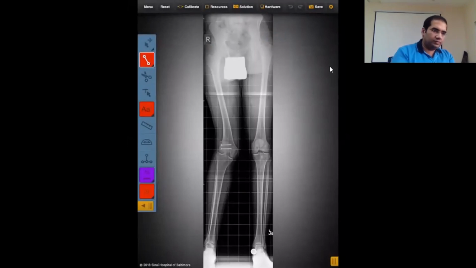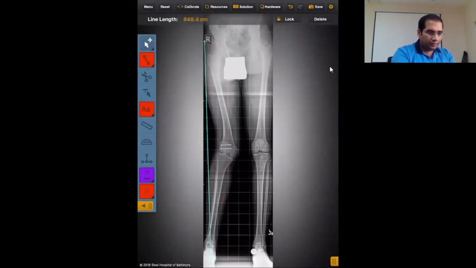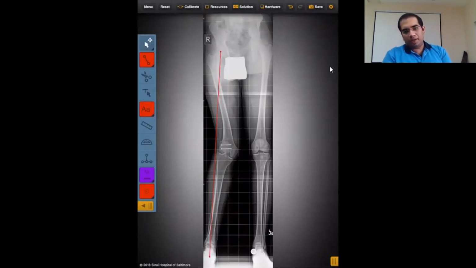What we are going to do is, first, we're going to draw the mechanical axis from the center of the head to the center of the ankle joint. Now you can see there is a valgus deformity in the femur.